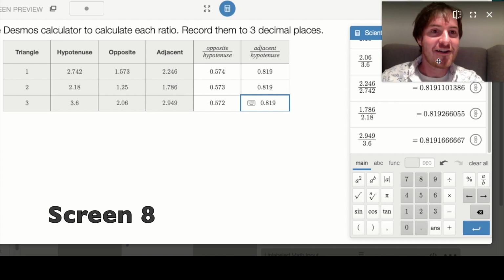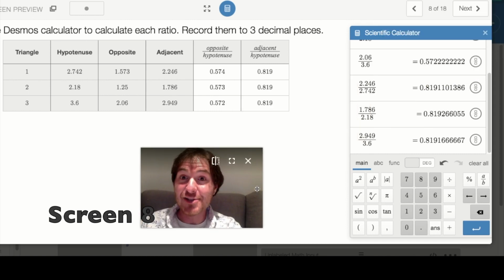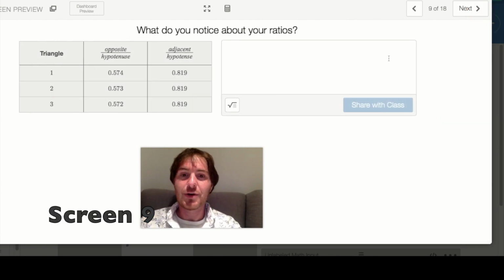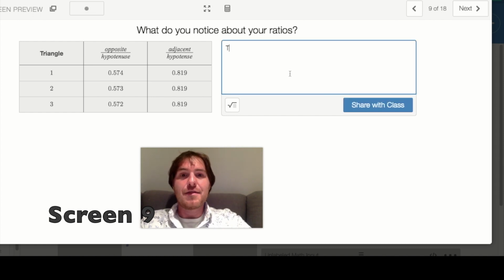All right, so what do we notice here? Our ratios are also consistent as we compare either leg to the hypotenuse. Opposite over hypotenuse, adjacent over hypotenuse for a particular reference angle will be the same, and we'll get the names of these ratios a little bit later. What do you notice about the ratios? They are the same for any 35-degree reference angle.